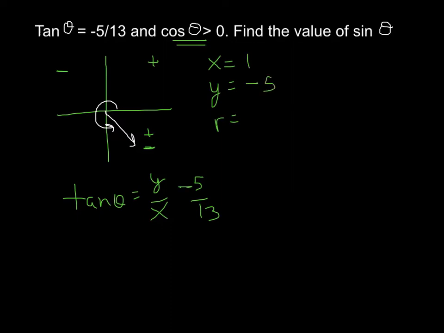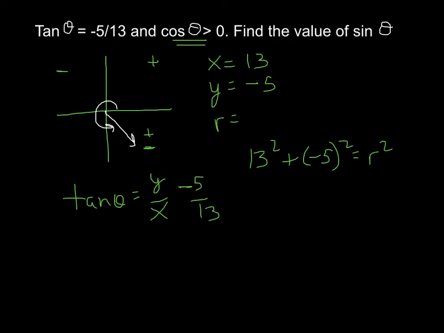I know that my x is going to be 13, and I need to figure out what the r value is. So I'm going to go with 13 squared plus negative 5 squared equals r squared. And we're going to solve for r.